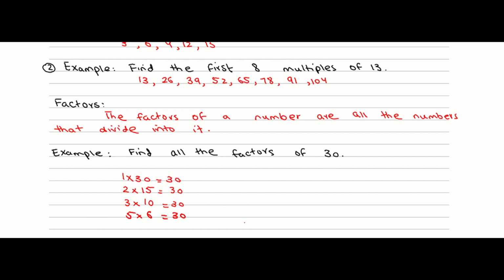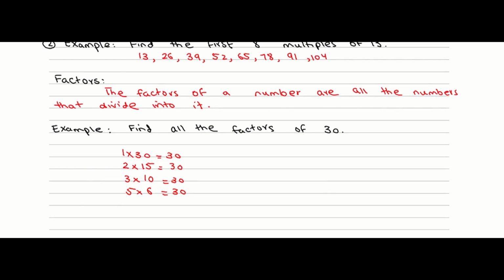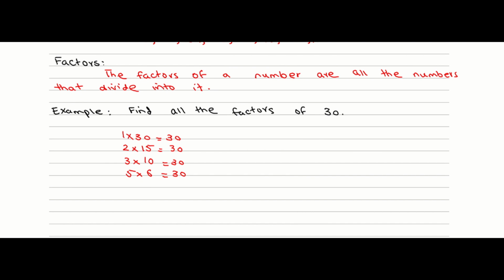So in this way we list all the pairs that give you 30 when you multiply them. The numbers that we have, 1, 2, 3, 5, 15, 10, and 6, are all your factors. Now we will arrange these factors in ascending order.